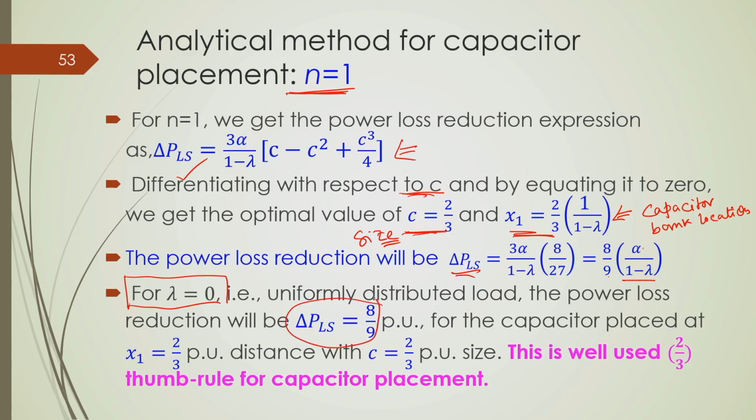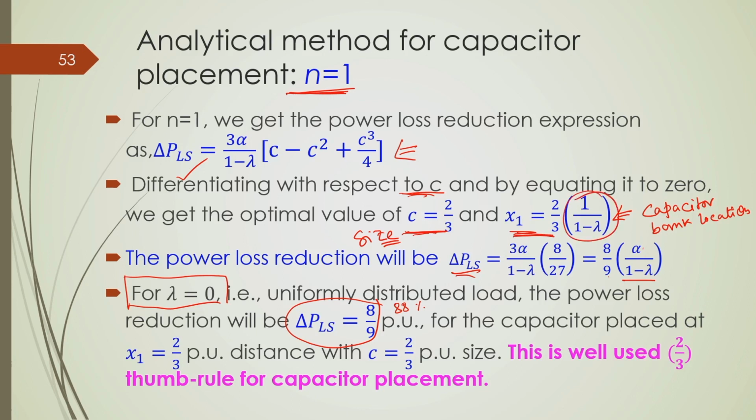So, this gives that much power loss reduction is possible, which is almost 88 point some percent, because this part will be equal to 1.